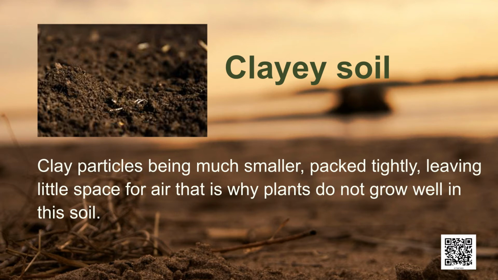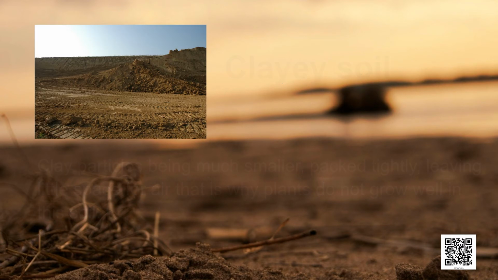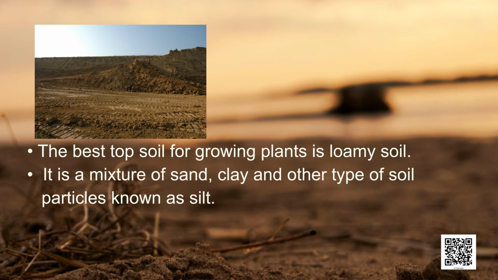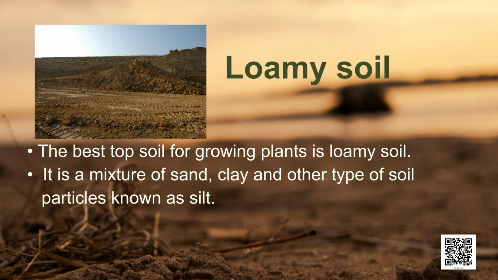And in the third sample of soil, the amount of large and fine particles are about the same. This is called loamy soil. The best topsoil for growing plants is loamy soil. It is a mixture of sand, clay, and another type of soil particles known as silt.